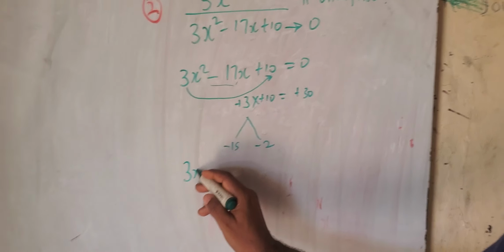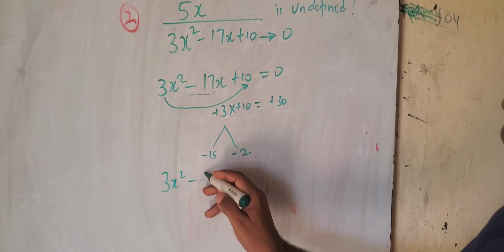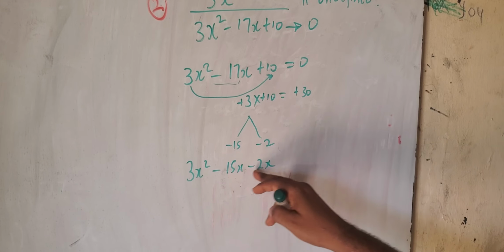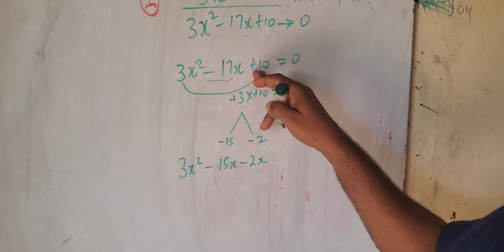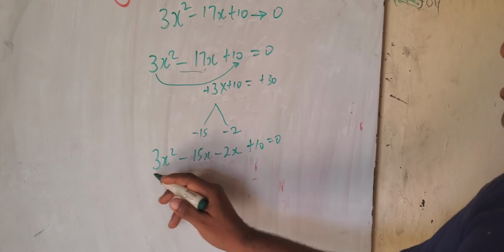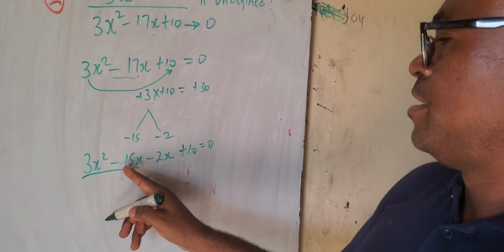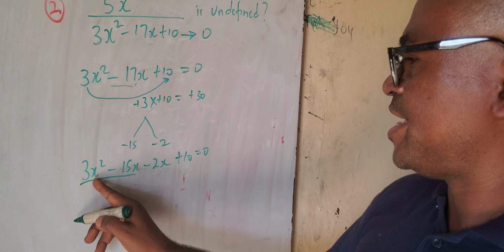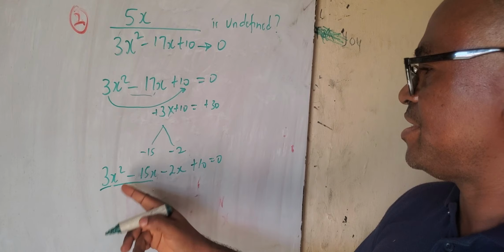So we now have 3x squared minus 15x minus 2x. Minus 15x minus 2x is this minus 17x, then plus this 10 is equal to 0. So we factorize these terms out. What is common here is 3x.